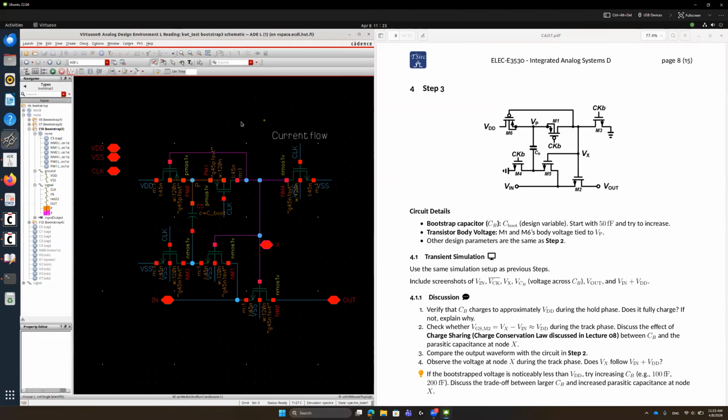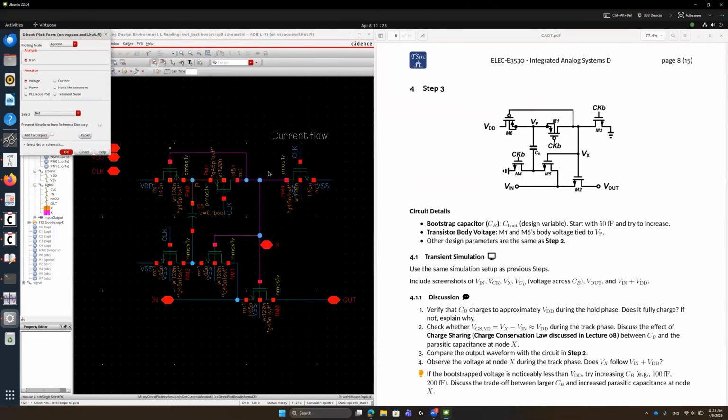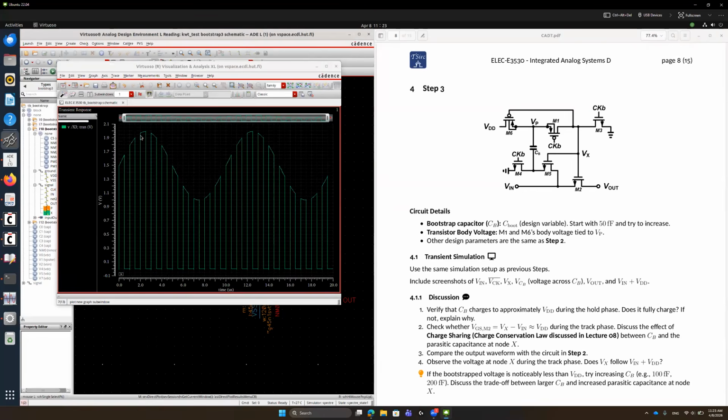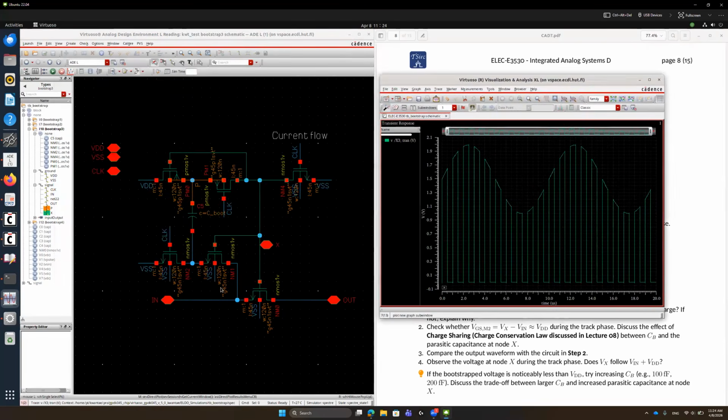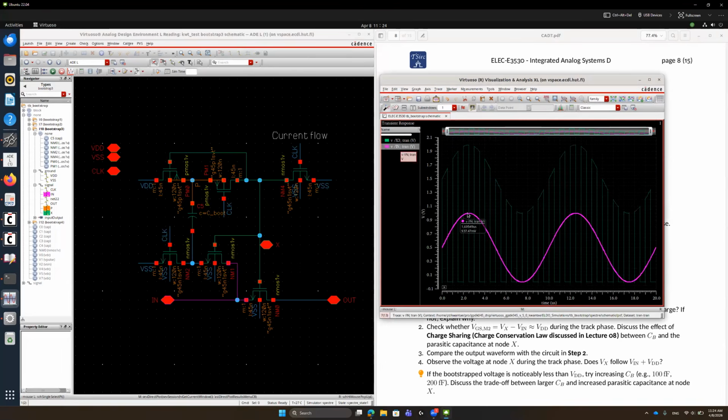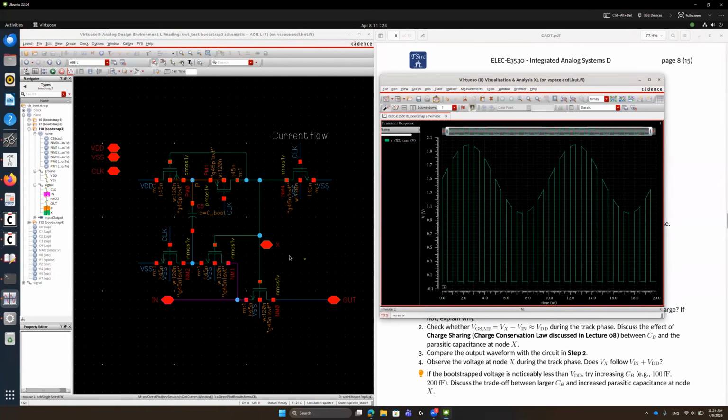If I plot it, for example this node, you can see that it touches as high as 2 volt. Just to make sure Vin is driven at the correct voltages, it is swinging from 1 volt to 0 volts. Okay, Vin is set as I intended.